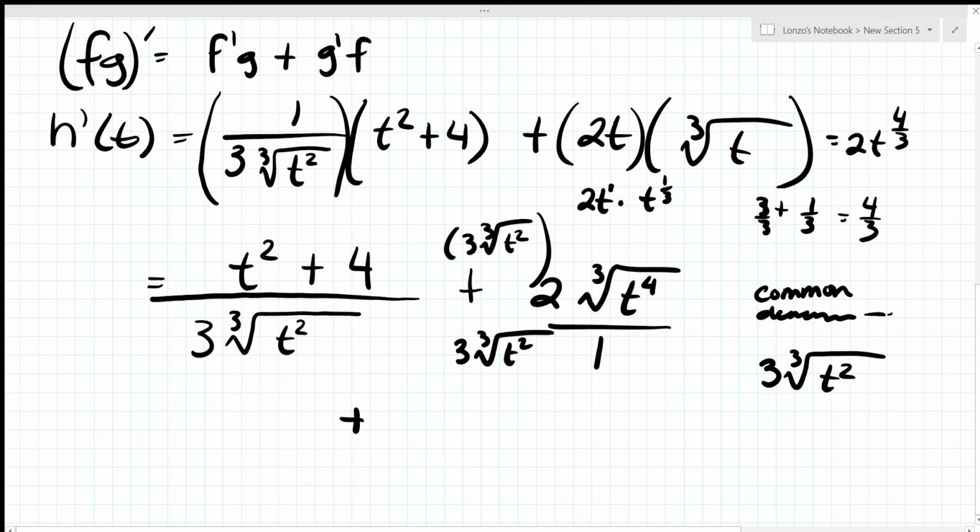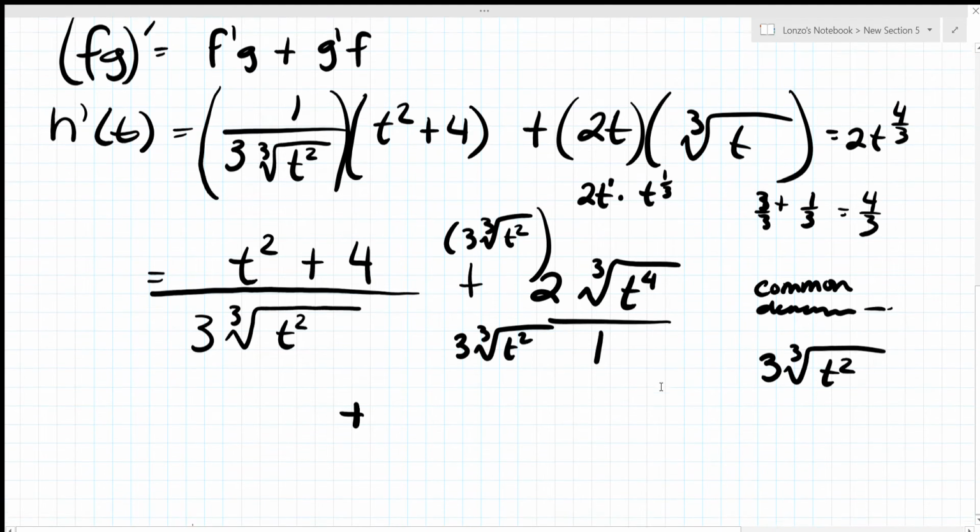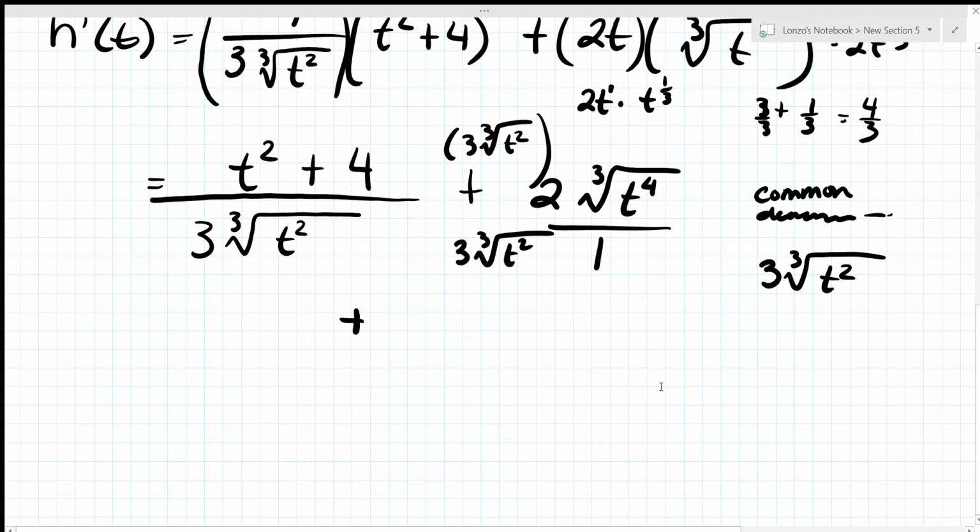Let's clean this up. So how would I clean this up? First, and I know there's probably more than one way to do this, I want to write the numerator, everything, in power form. So 3 times the cube root of t to the 4th times 2 is the same thing as 3 times t to the 2/3 times 2 times t to the 4/3. Now we can add those powers, because when you're multiplying, you're really adding.